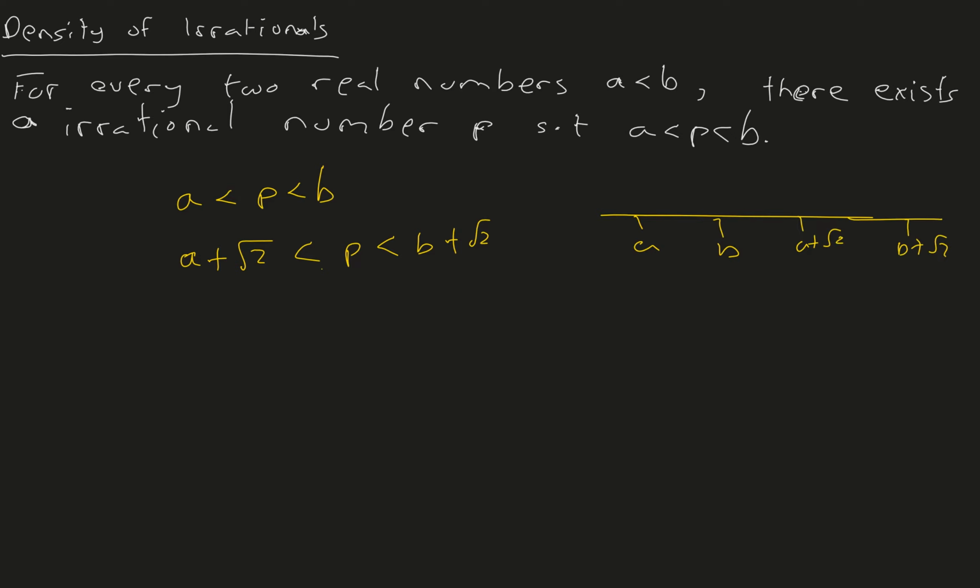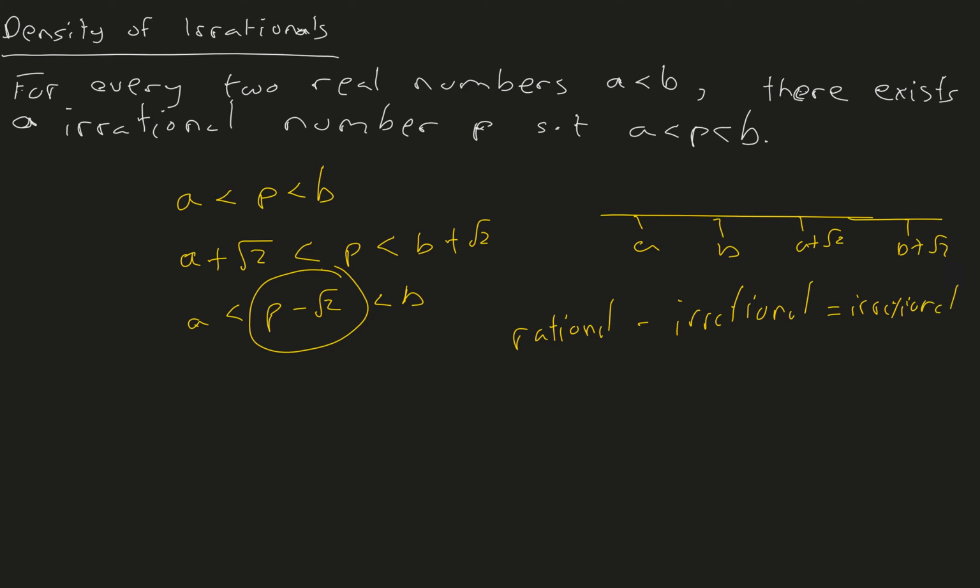Now I'm going to subtract root 2. We end up with p minus root 2, which is certainly an irrational number, because rational minus irrational is irrational.